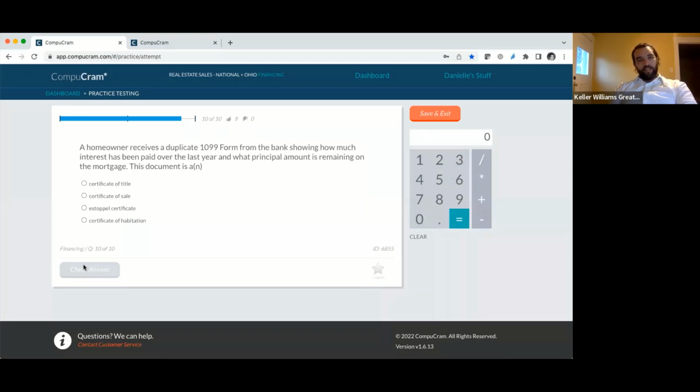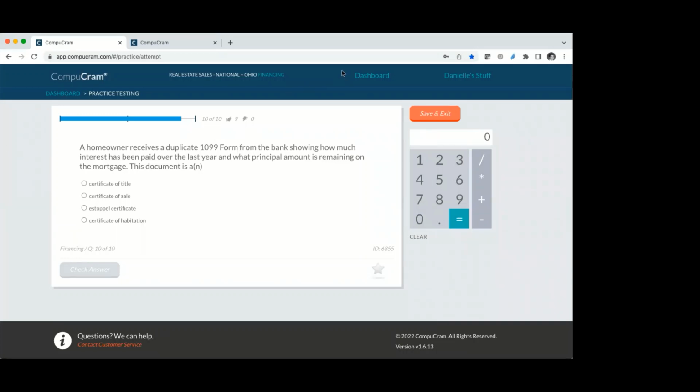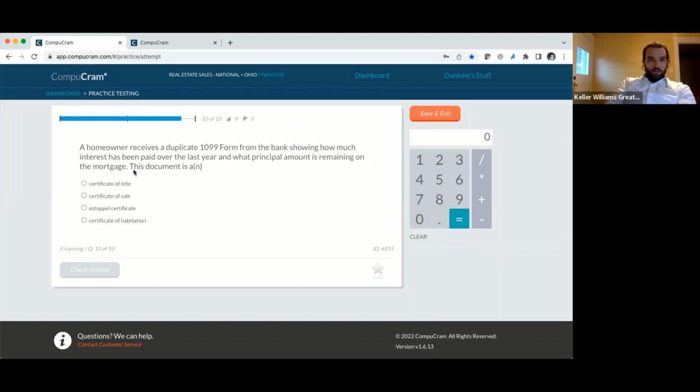Last question for finance. A homeowner receives a duplicate 1099 form from the bank showing how much interest has been paid over the last year and what principal amount is remaining. This document is A, a certificate of title, B, a certificate of sale, C, an estoppel certificate, or D, a certificate of habitation?